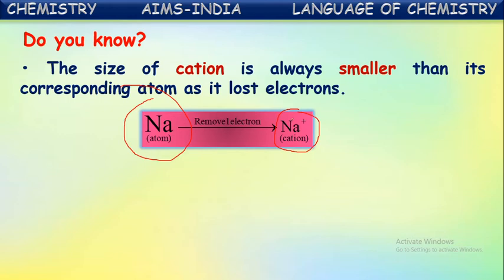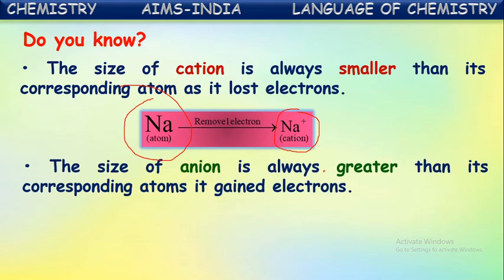So size will be decreased. Cations always have smaller size than their original atoms because these atoms are losing electrons to form these cations.